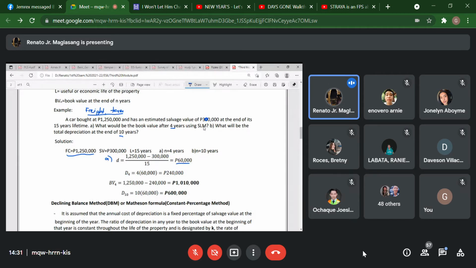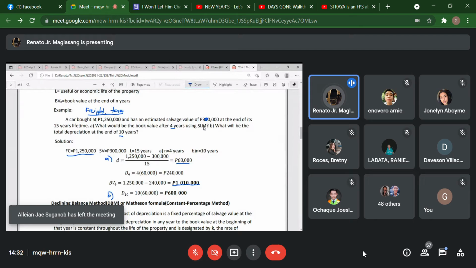For letter A, n is 4 years, so 4 times 60,000 is equal to 240,000. So the book value at the end of the fourth year will be 1.25 million minus 240,000, which makes it 1 million and 10,000 pesos.